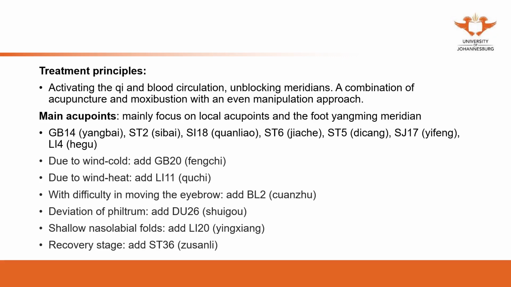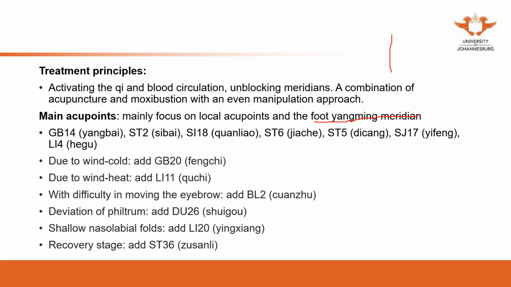The main points focus on the local points and the foot yangming meridian, because the foot yangming meridian distributes on the face. So the points that we can select: GB14, stomach 2, 三焦 18, stomach 6, stomach 5, 三焦 17, large intestine 4.